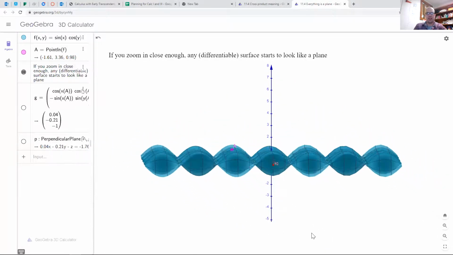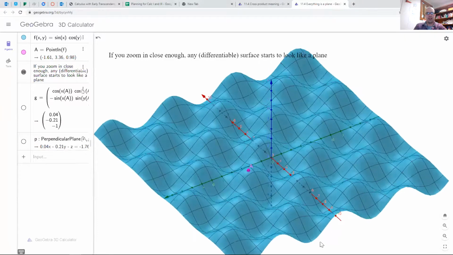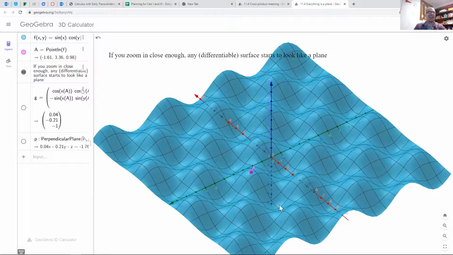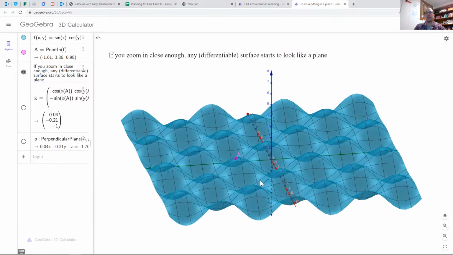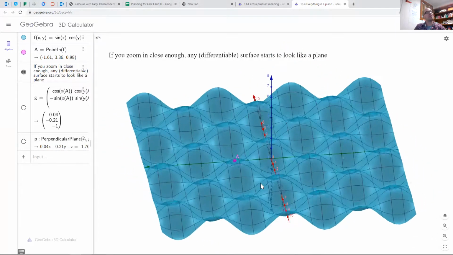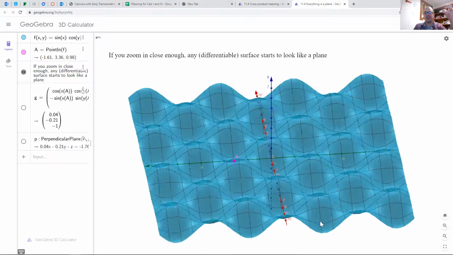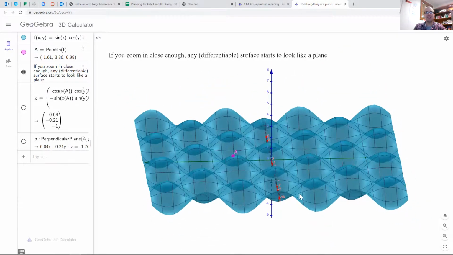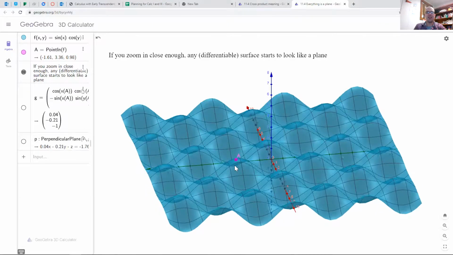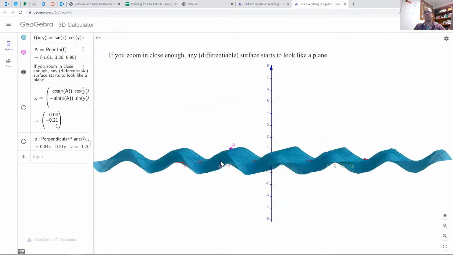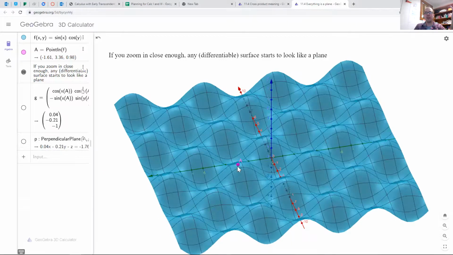I guess this is just motivating that planes are important in general, and maybe this is motivating linear algebra, the context where we really do study planes and linear subspaces in detail.